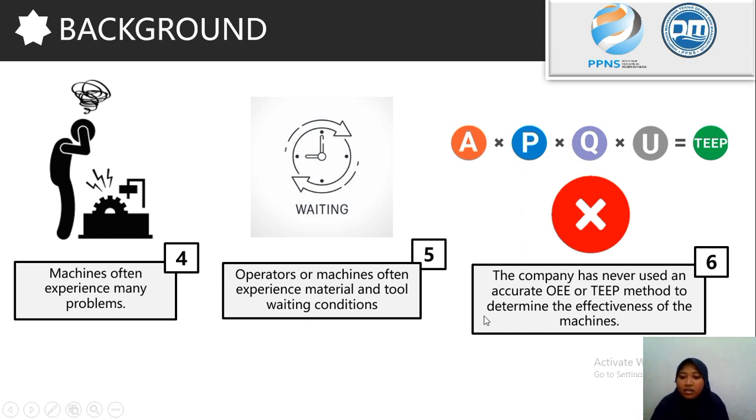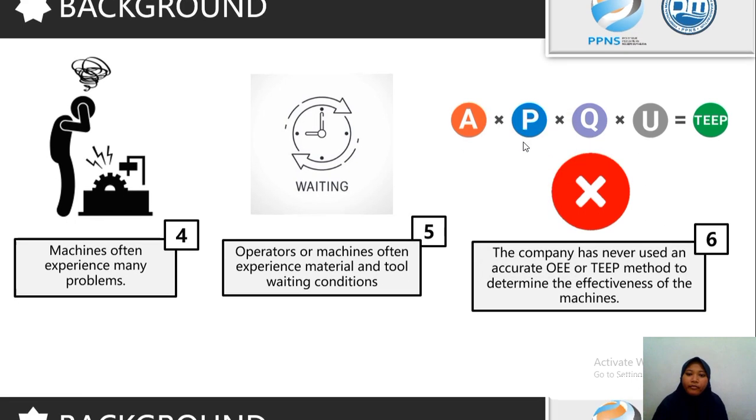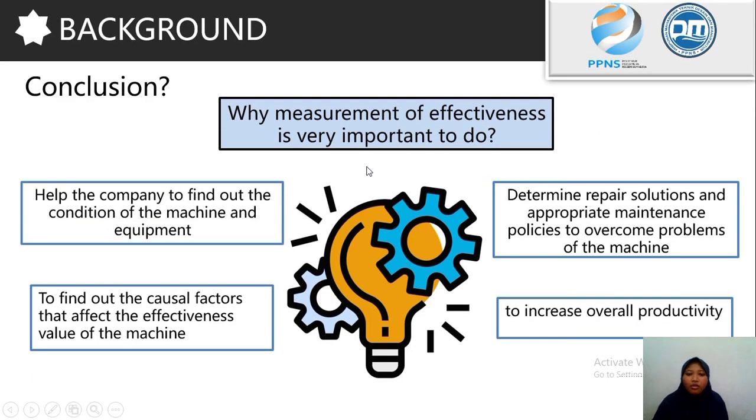And then the company has never used an accurate OEE or TEEP method to determine the effectiveness of the machines. So, why is measurement of effectiveness very important to do? Because by measuring effectiveness, it can help the company to find out the conditions of the machine and equipment.